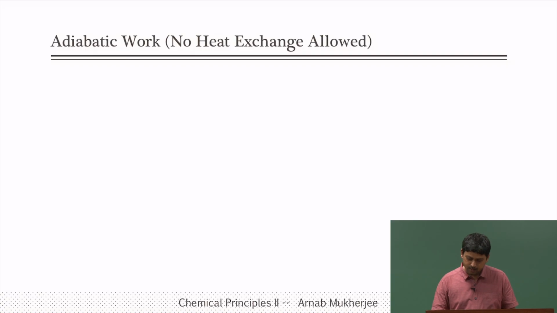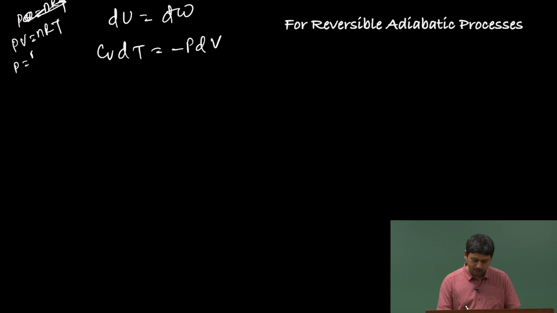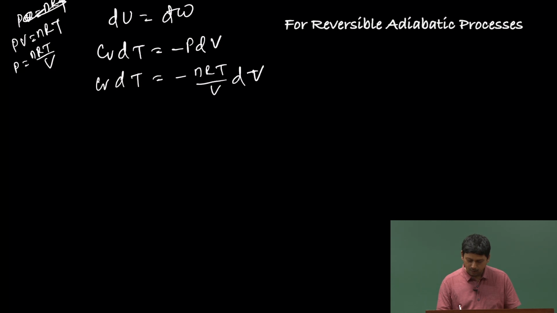So, let us go back again. So, now we know that dU equal to dW for ideal gas, or Cv dT equal to minus P dV. Now, for ideal gas we know that PV equal to nRT, and therefore, I am going to replace P by nRT by V. So, Cv dT is equal to minus nRT by V dV, but on the left hand side I have a dT, which takes care of temperature change.